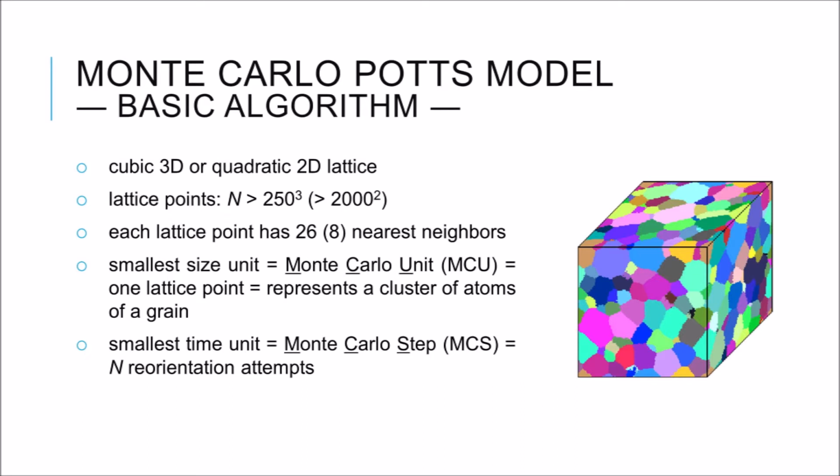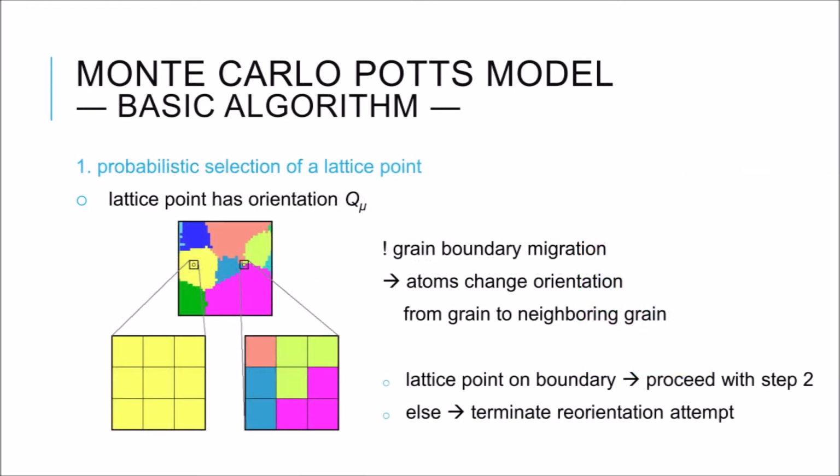Which means the better your resolution, the better the resolution for each grain, the more reorientation attempts you'll need to make to have one simulation time step. And this means that the better the resolution, the longer your simulation will take. So the question arises, what are these n reorientation attempts?